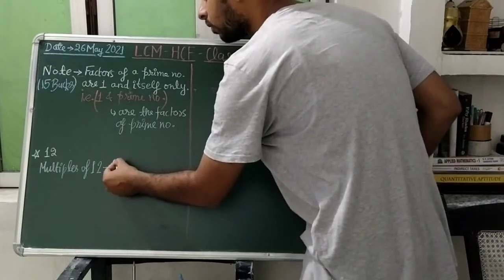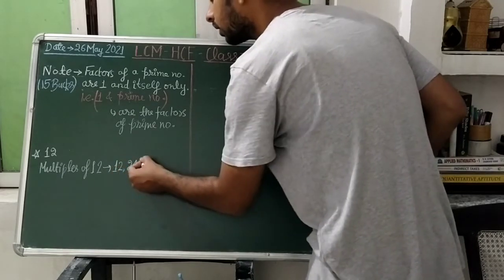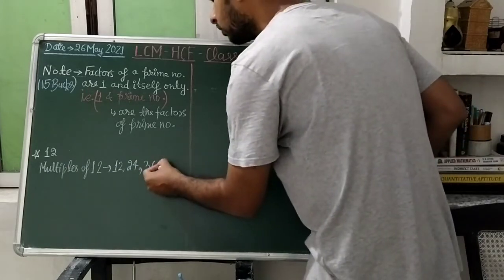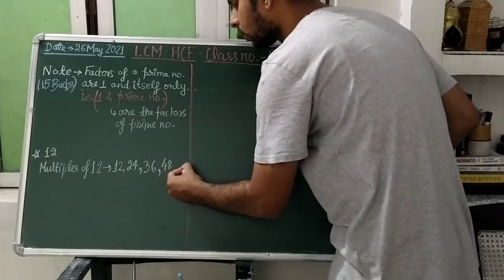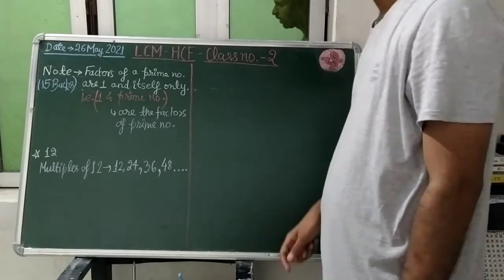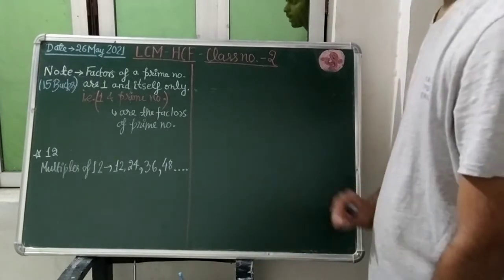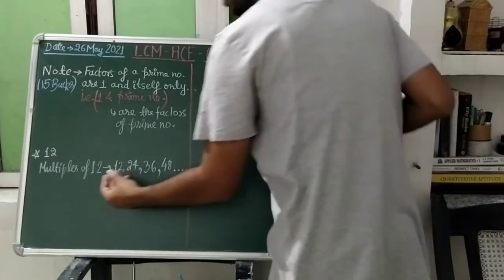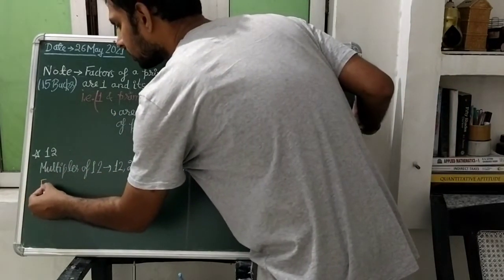Meaning, 12 1s are 12, 12 2s are 24, 12 3s are 36, 12 4s are 48. It will go on, students. So to find the multiples of a number, what shall we do? We shall read out the table of that number.